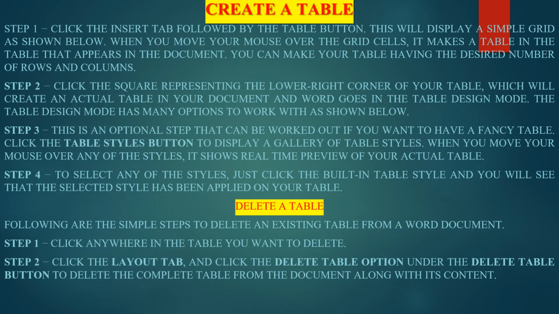This is an optional step that can be worked out if you want to have a fancy table. Click the table styles button to display a gallery of the table styles. When you move your mouse over any of the styles, it shows the preview of your actual table.